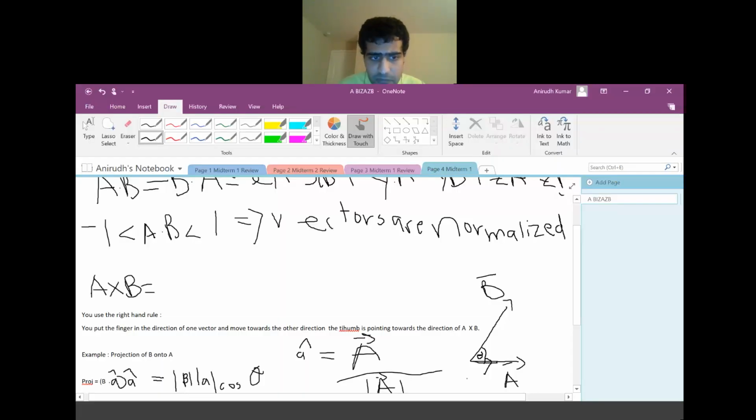So this is the projection. I am trying to project this vector B, which I've circled, onto A. This is the projection of B onto A.